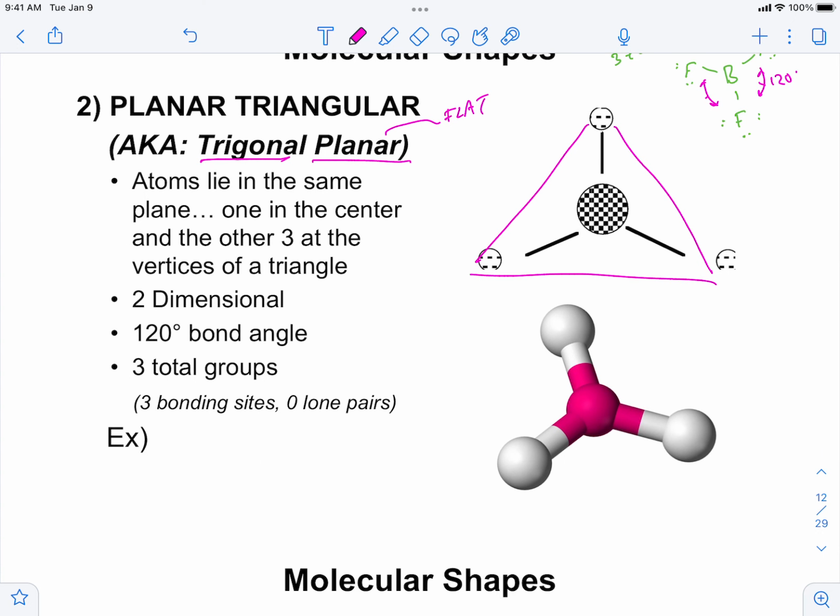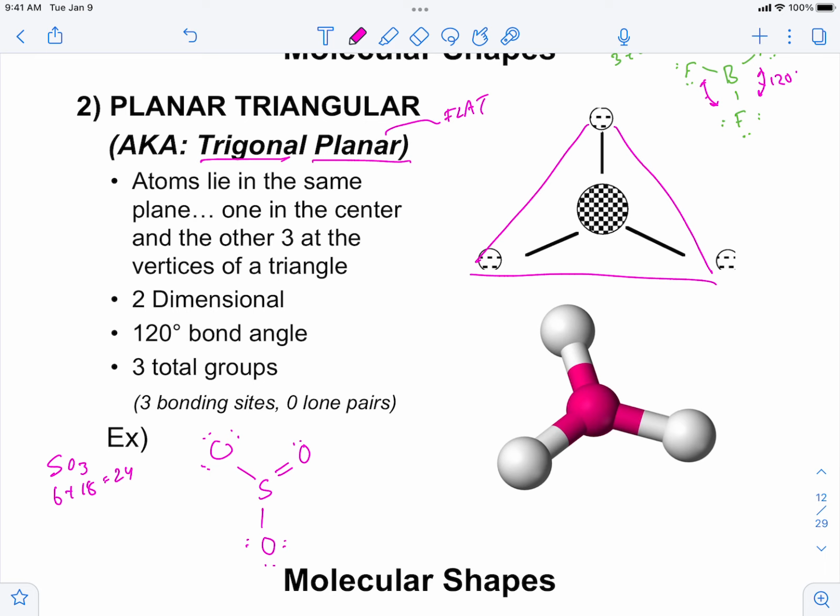Another example of this, we drew this one earlier in the notes, SO3. And we realize that we are going to have resonance on this molecule. Remember that resonance means the double bond is actually averaged in all of the places that it can be.